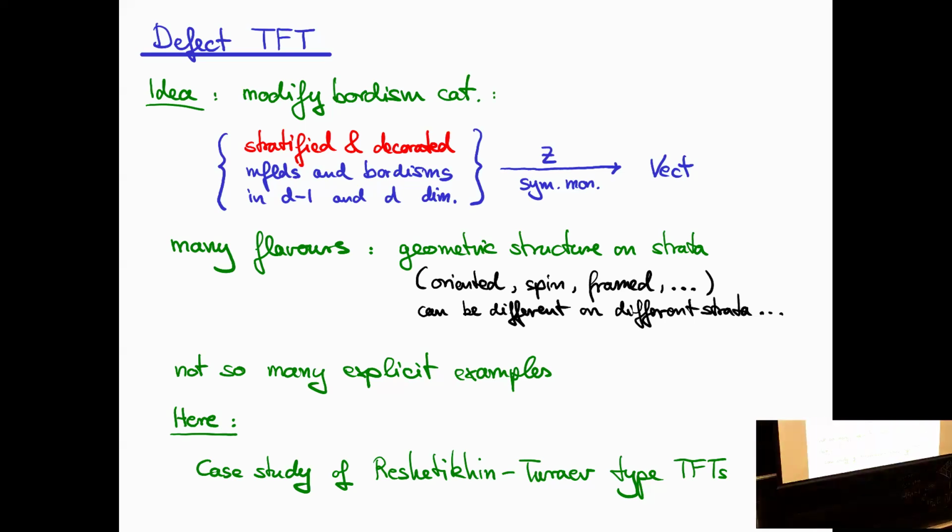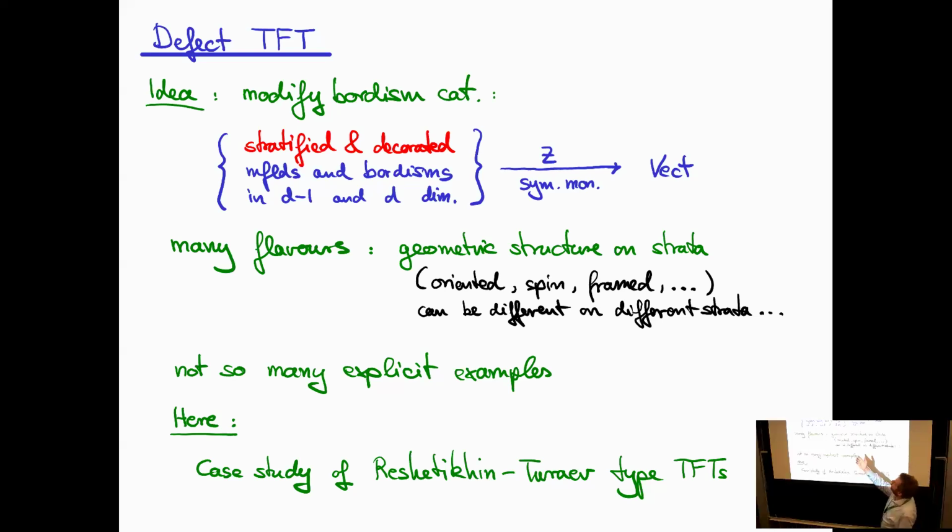One thing you have to do now, it gets more complicated, because now you have to decide, well, what precisely do I mean by this? So what's the data I want to decorate these strata by, and what sort of geometric structure do I want to put? Even if you just do TFT without defects, you still have to say my bordisms are oriented, do they have a spin structure and whatnot.